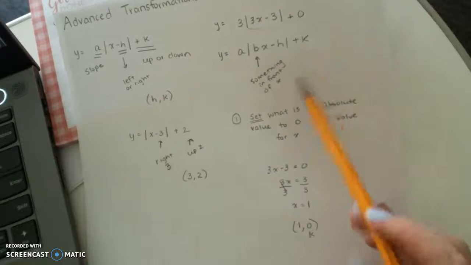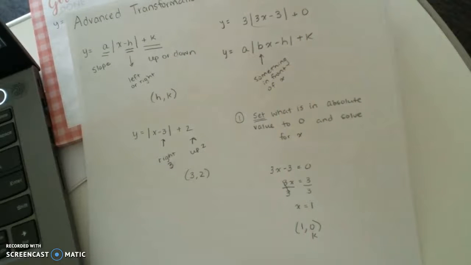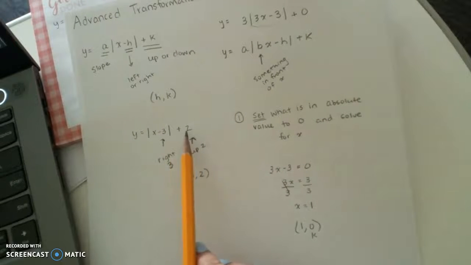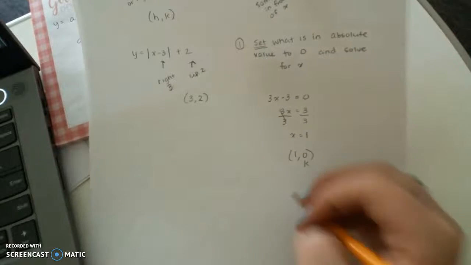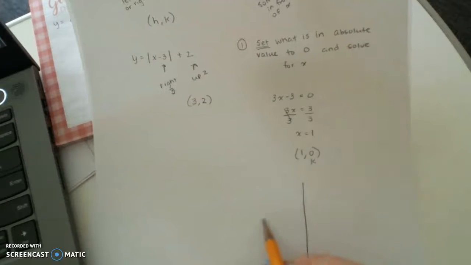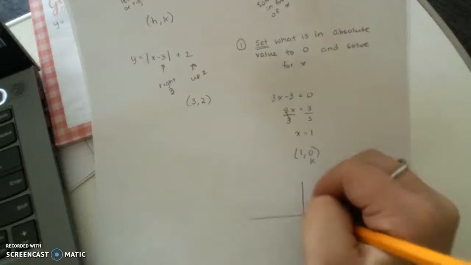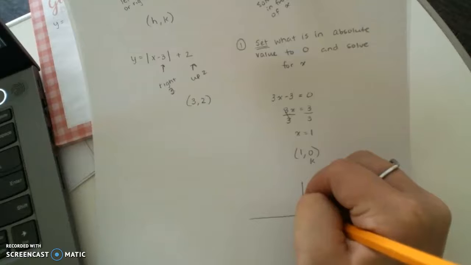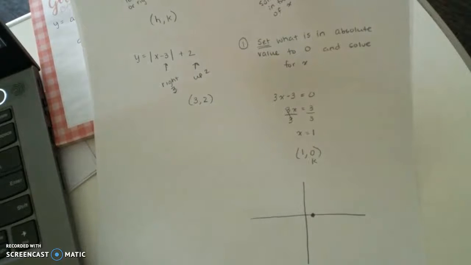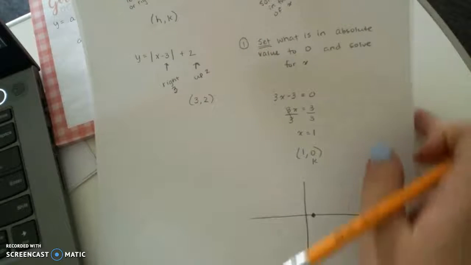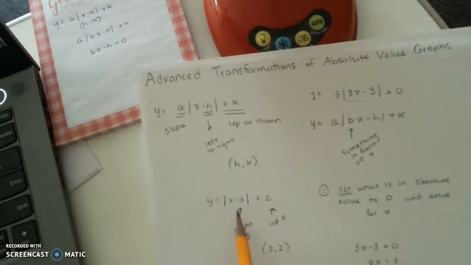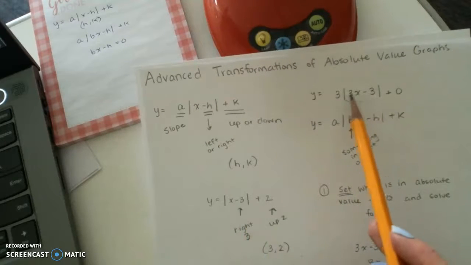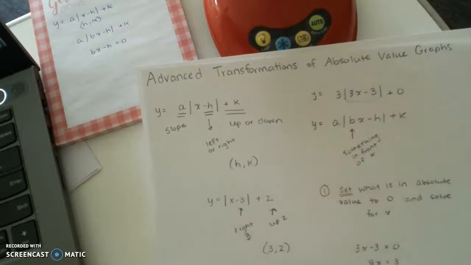And in this case, our k was 0 because we didn't have anything hanging off the end. In the earlier example, our k was 2 because we had a 2 hanging off the end. Alright, so this is our vertex. So our vertex of this graph is going to be at (1, 0). Okay? So the only thing that we've changed is that instead of just simply looking at how we shift things right or left by looking at this, now because there's something in front of our x, we have to set it equal to 0.